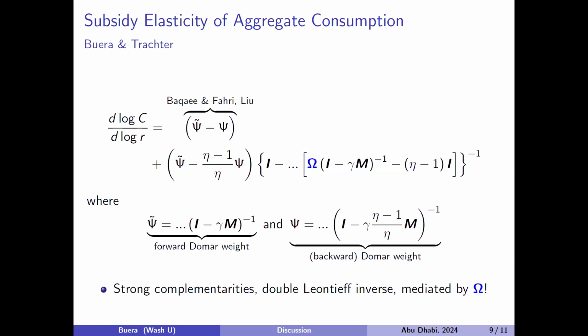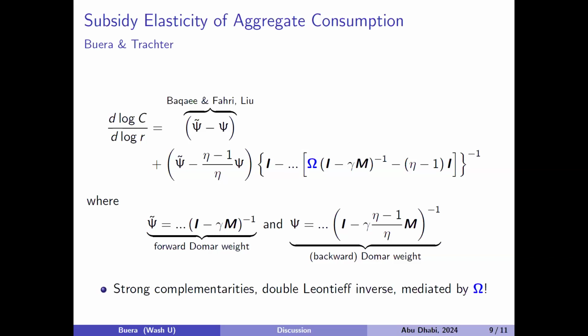So in this particular framework, because of the non-convexities associated with this duality in technologies, you're going to have these very strong complementarities. And you see that by the fact that you're going to have not only, as in the simpler model, this extended Jontier inverse, you're going to have this double Jontier inverse.